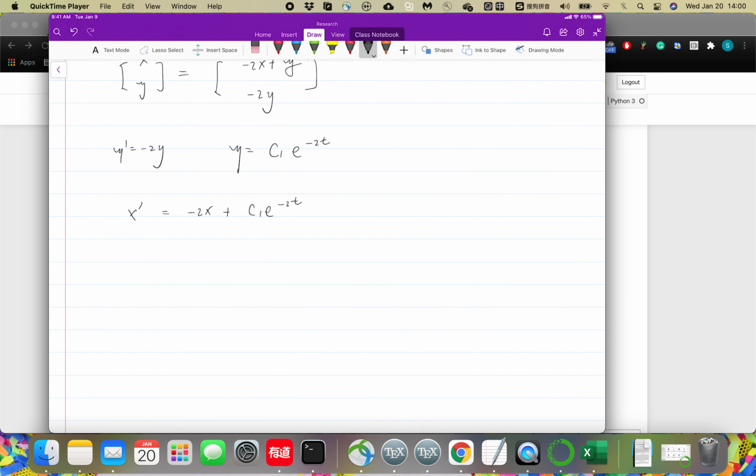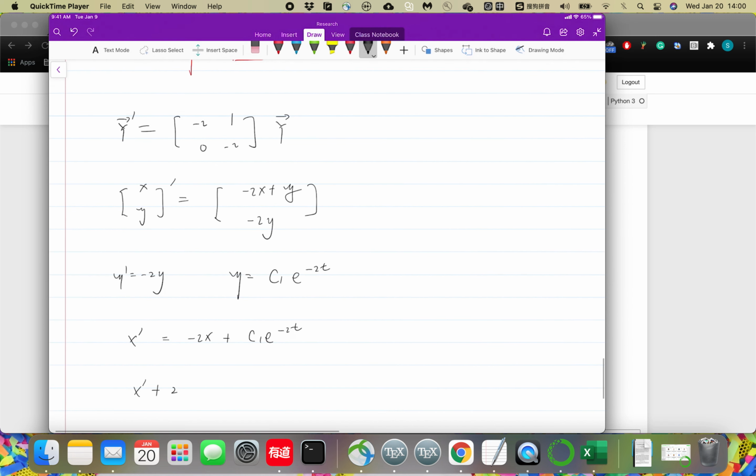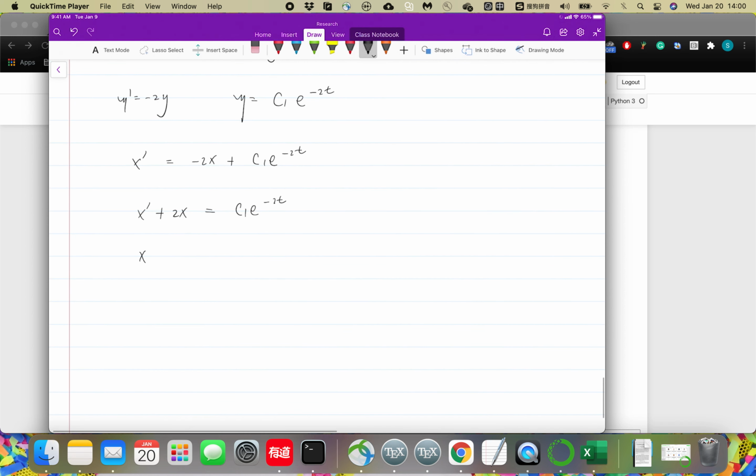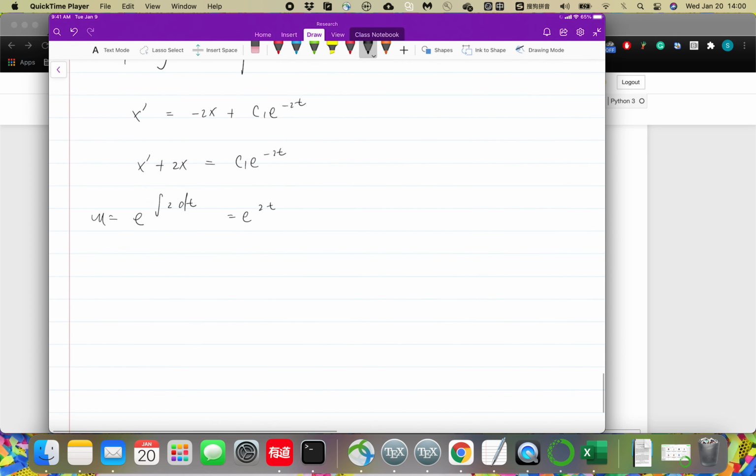Okay. And then after that, what we should do is put everything here. Equals c1 e to the negative 2t. Now for x, we use an integrating factor, mu equals e to the integral of 2 dt, which is e to the 2t.